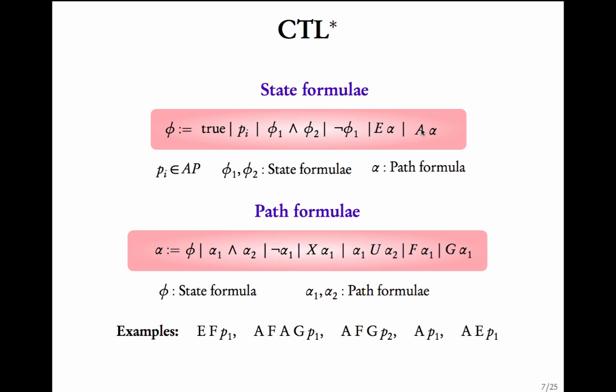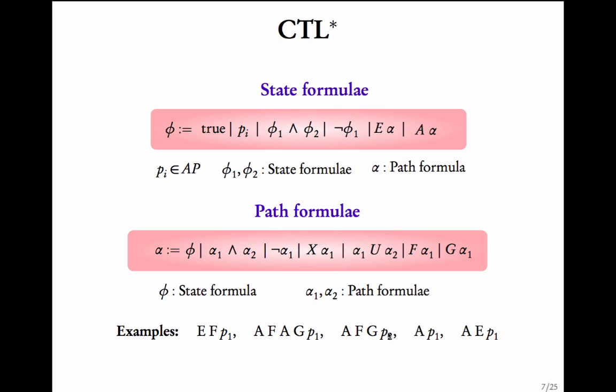And here you can use A, so you get AFA of alpha, where alpha is GP1 now. And you know how to get GP1. So this is a valid formula that can be obtained out of this syntax, the syntax of CTL star.